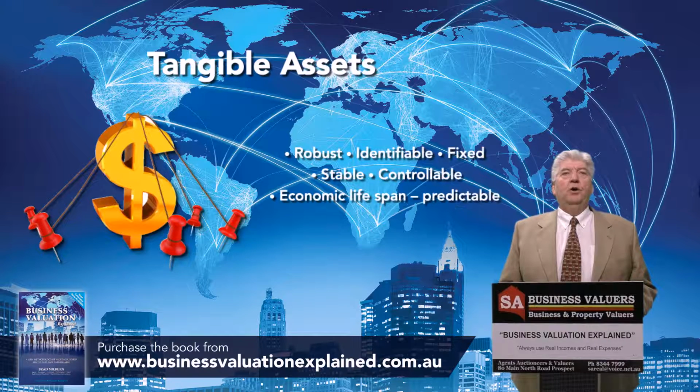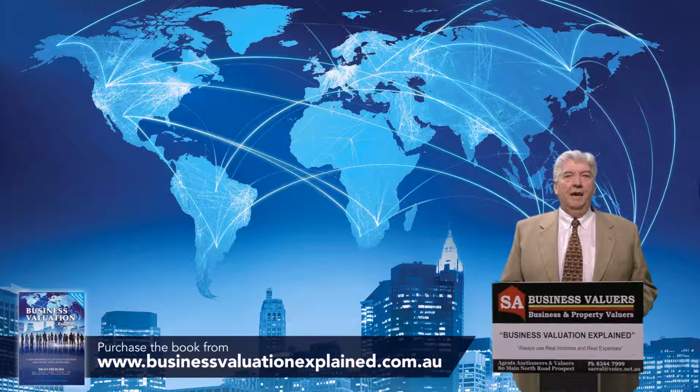Tangible assets, all values for tangible assets are found via market activity. In other words, comparable. Tangible assets decline in value over several years, but you must understand the economic life or productive life of an asset to value it. Of course, there are exceptions to the rule, such as antiques or classic vehicles, but generally you can define them.